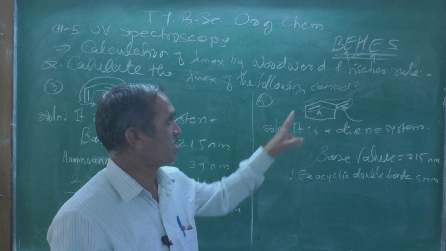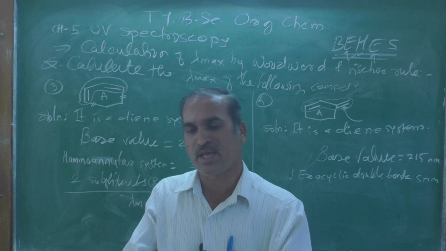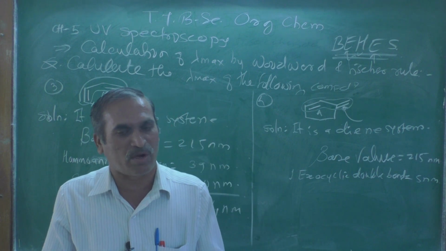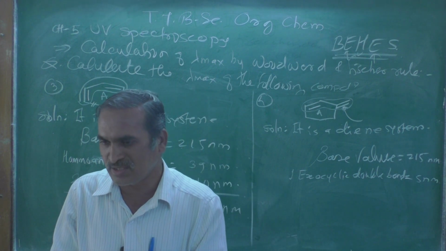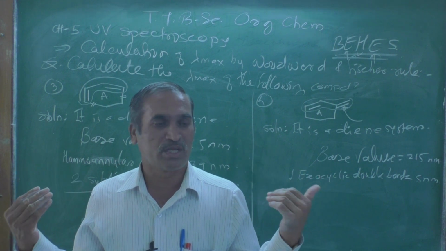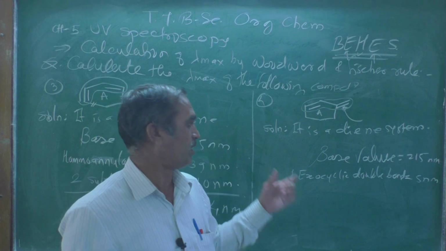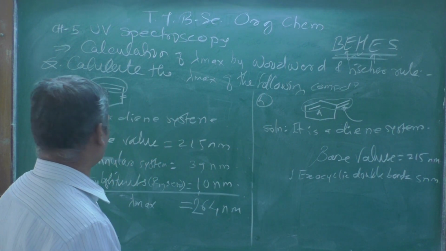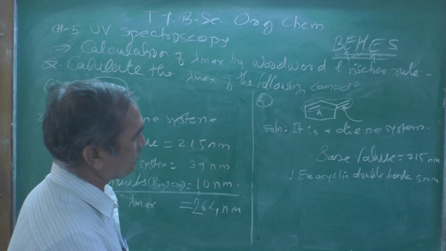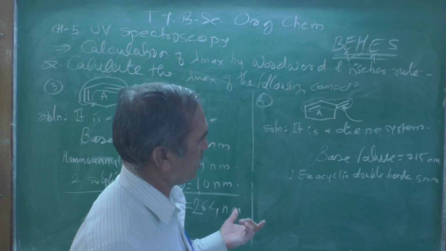But here in this case only two double bonds are present and they are separated by only one single bond, and therefore it is a diene system. There is no extra double bond here, so there is no question of extended conjugation.